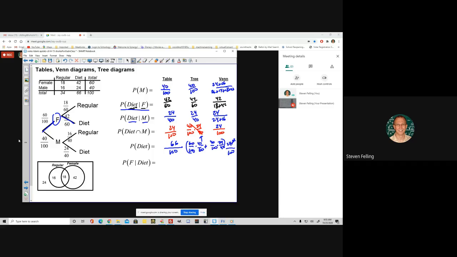What if I reverse this, going this way? It's easy to do with the table. I just specify the diet as the conditional sample space. So out of the 66, the probability that are females is 42, okay? And it's easy to do with the Venn diagram, right? Because I would just say out of the diet people, which are these people that are not regular, so that would be 24 plus 42.